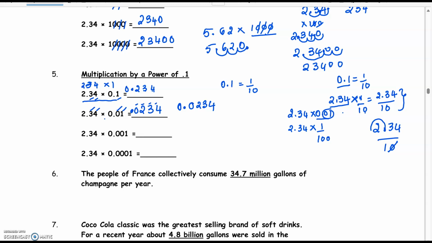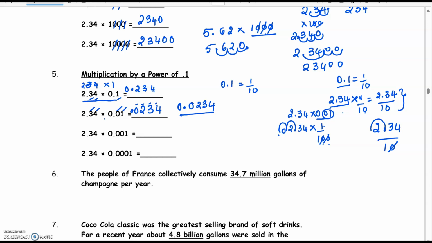Now dividing by 100 is the same as shifting the decimal point not to the right but to the left, because it gets smaller. The number gets smaller when you divide it into 100 equal parts. So 1, 2. So we have 0.0234. So multiplying with 0.01 is the same as dividing by 100.